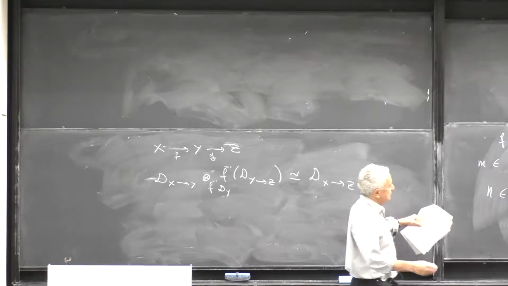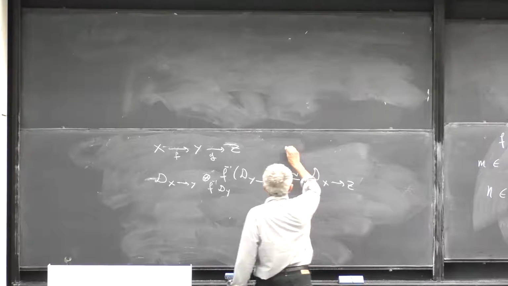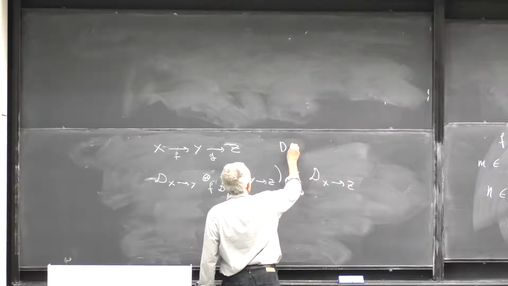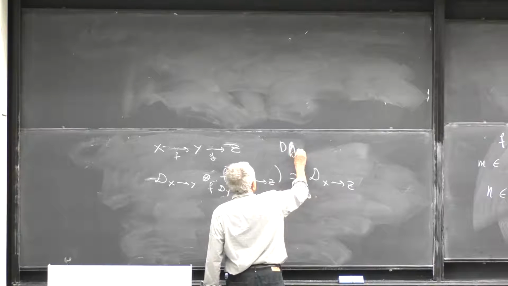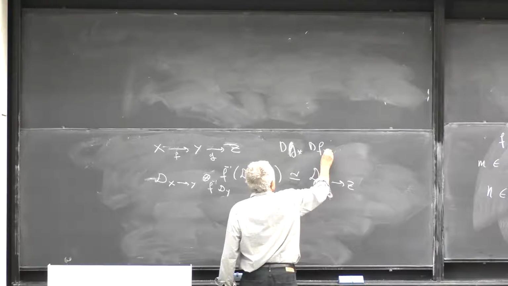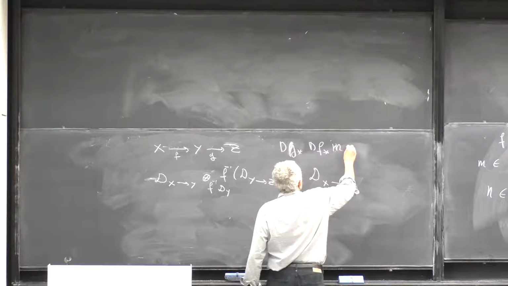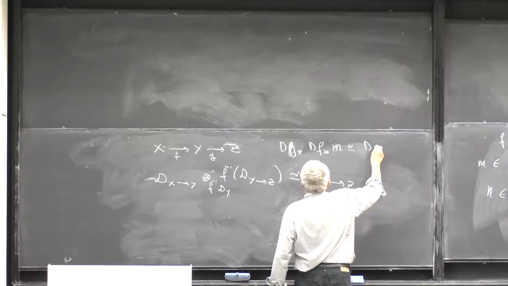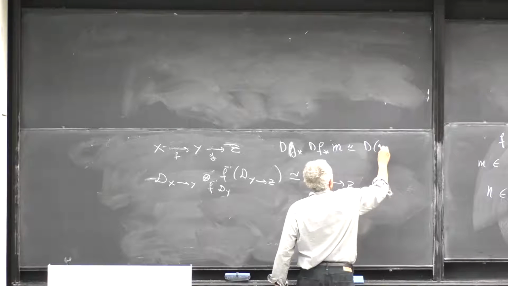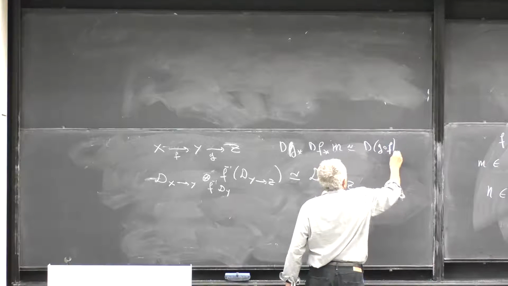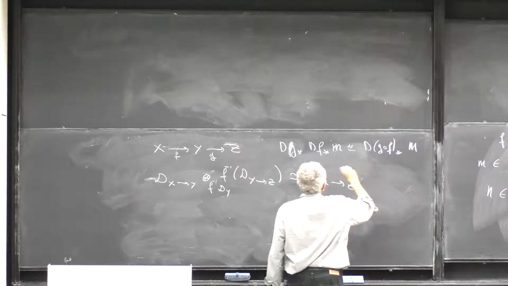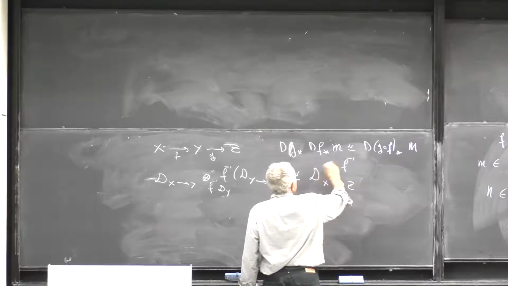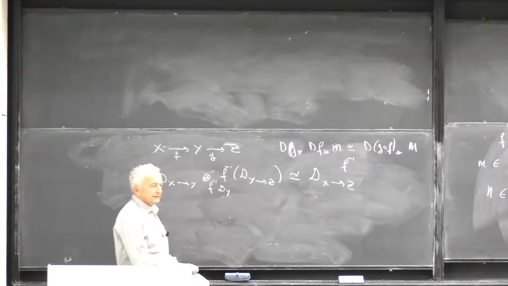So in particular, you find that the direct image D g_* D f_* M is isomorphic to D(g∘f)_* M. And similarly for the inverse image. Okay, so these are functorial.